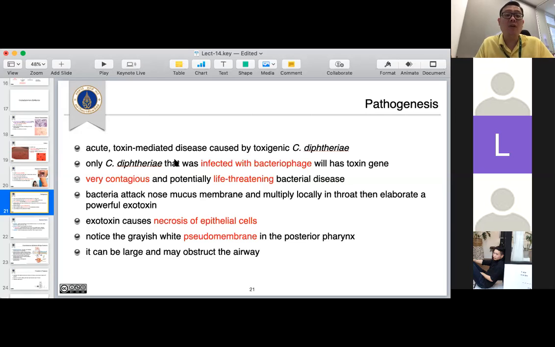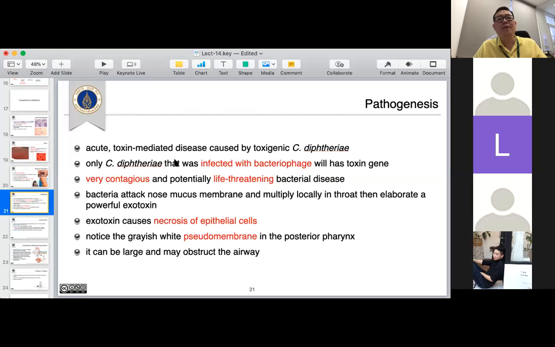They produce toxin, which is the key virulence factor of this bacteria, but toxin is not generated by the bacteria itself. There are viruses that attack bacteria called bacteriophage, and Corynebacterium diphtheriae also has its own bacteriophage.